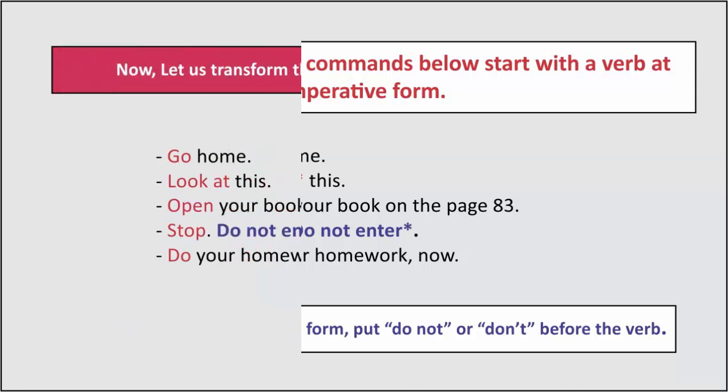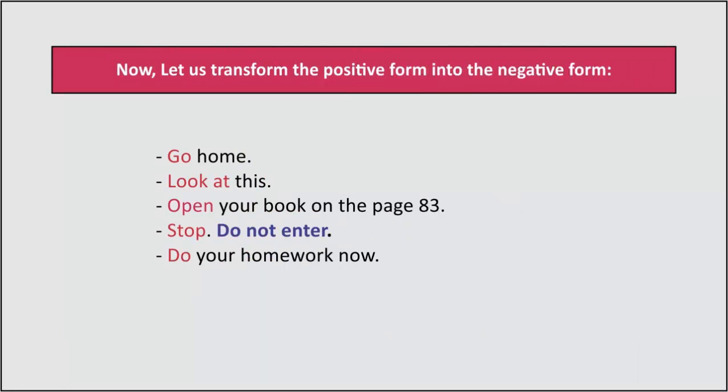Let's go ahead. The next slide is an exercise about how to transform the positive form into the negative form of imperative. Then try to do it. I did the last example. Do your homework. I transformed it into negative form. Do not do your homework. Try to do it with the previous 4 examples.